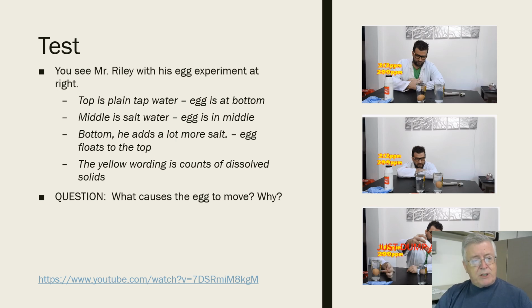So our test question: what causes the egg to move, and why? So think about what you have here. You have an egg, he adds salt to the water, and the egg floats. You've had some time to think about that.